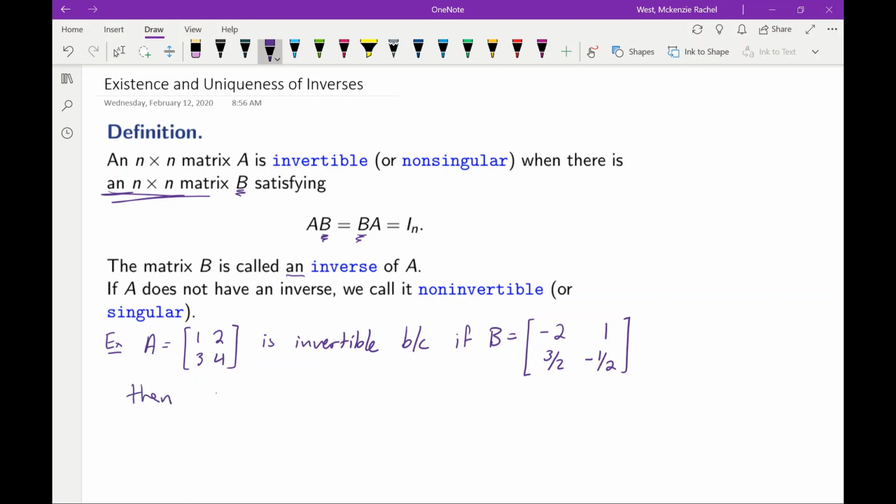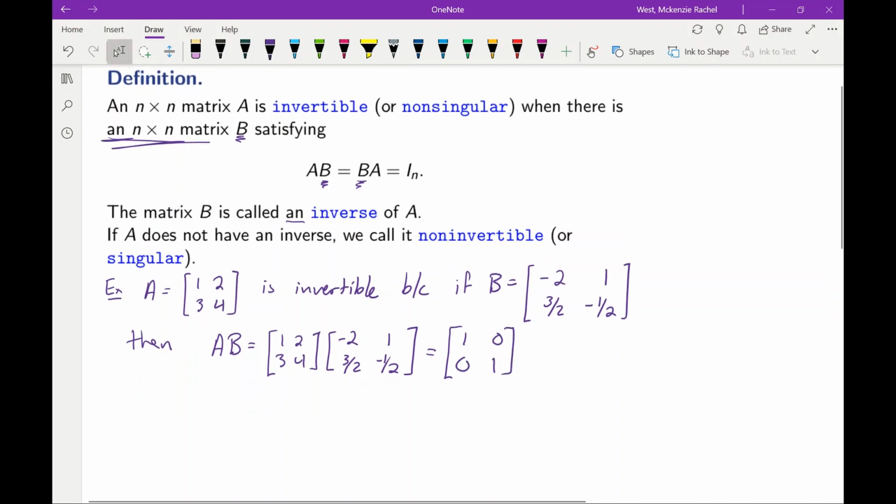Then when we multiply A times B, so 1, 2, 3, 4 times -2, 1, 3 halves, -1 half, I'm going to leave the steps of multiplying that to verify this to you.